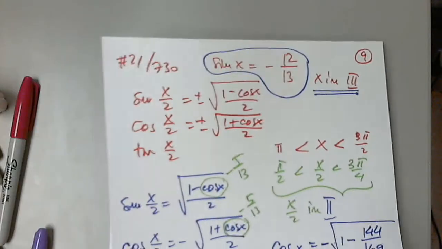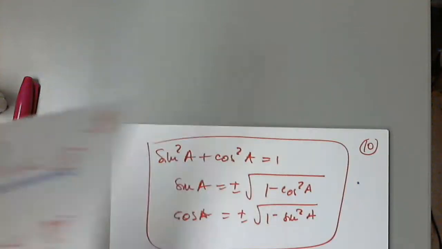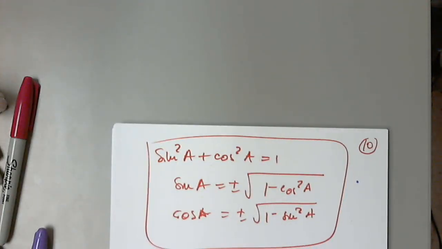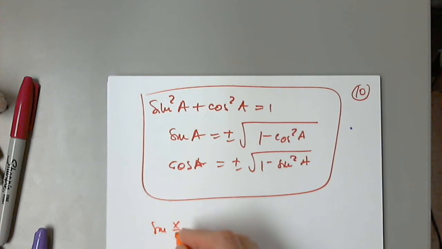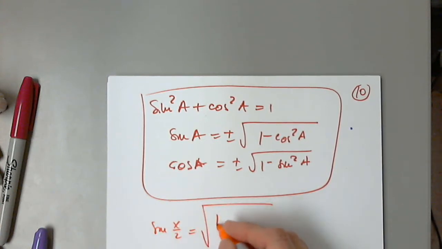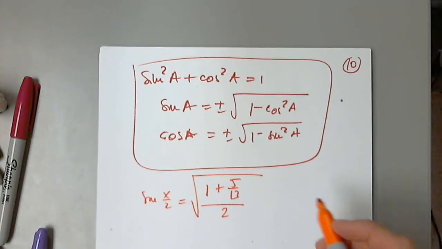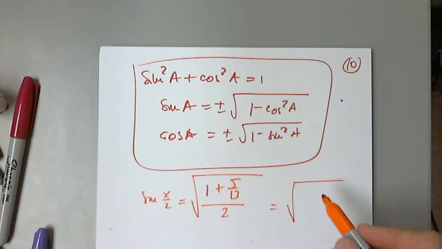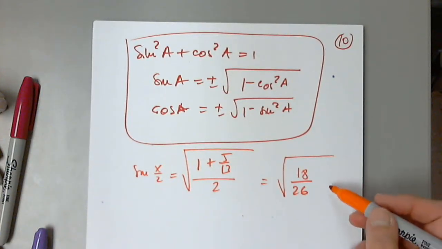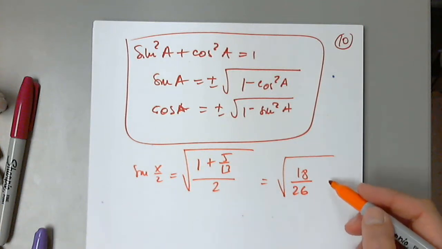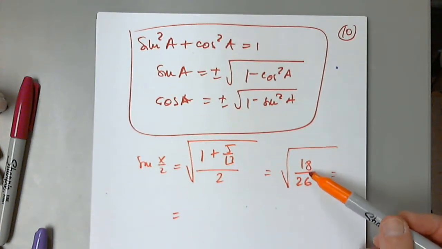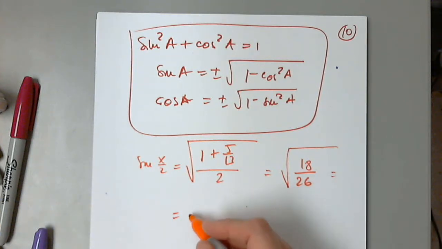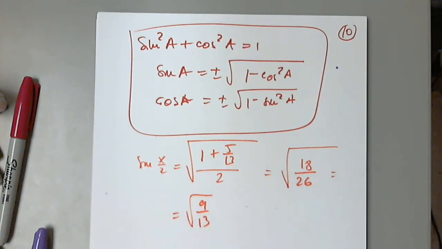Okay, so now we can go back and finally determine sine x over 2 and cosine x over 2. For sine x over 2, we have the square root of 1 plus 5 over 13 divided by 2. And this will be the square root of 13 plus 5 is 18, divided by 26. I will simplify by 2, and I get 9 over 13.